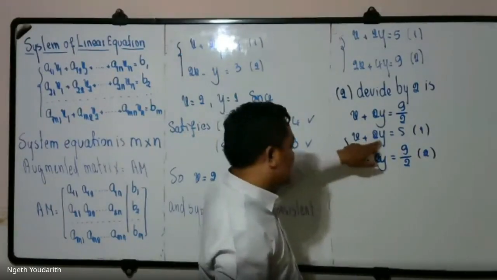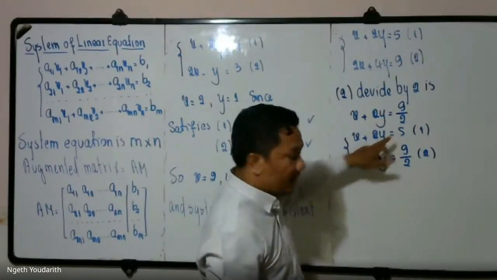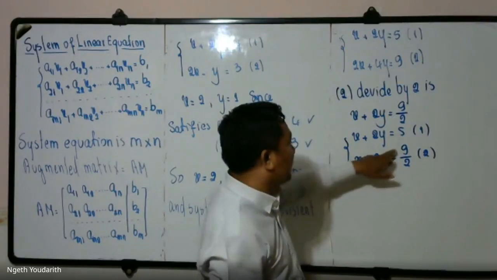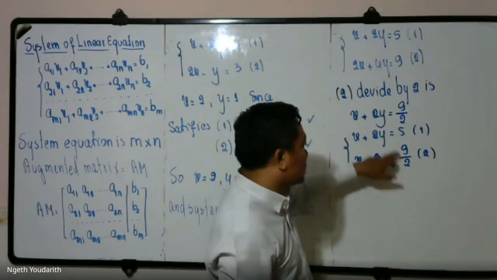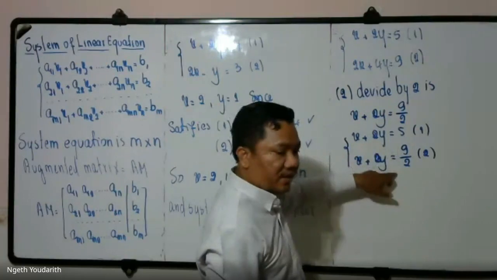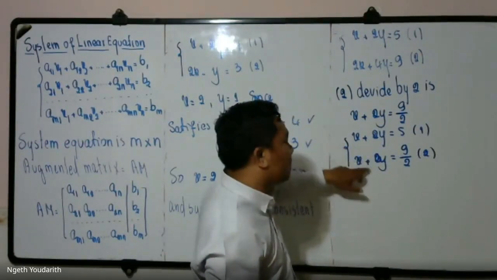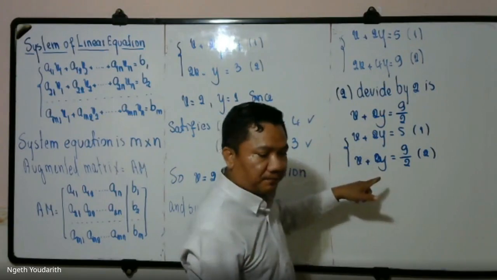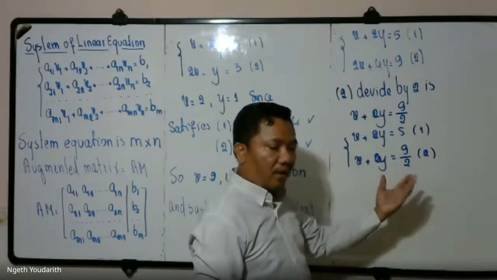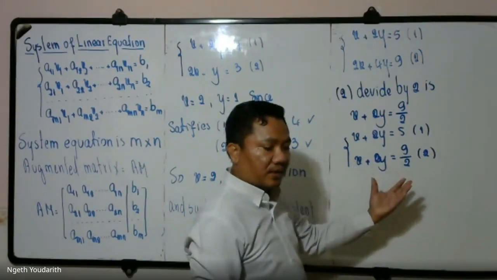This one is x plus 2y equals 5, and this one is x plus 2y equals 9 divided by 2. So it is a different result. So do equation 1 and equation 2 have the same value or not? Not. Different value, different solution.